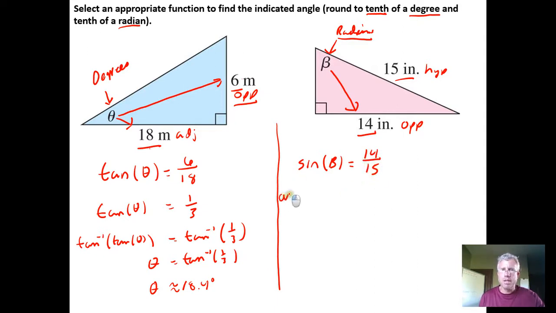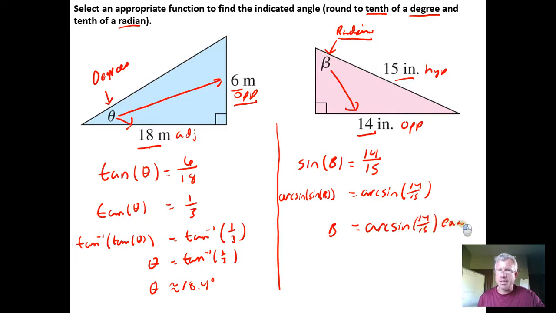And then I take the arc sine of both sides. The arc sine or inverse sine of 14/15. Arc sine cancels the sine, giving us the angle, since the output of the arc sine function is always an angle, beta. Arc sine of 14/15. This is exact.